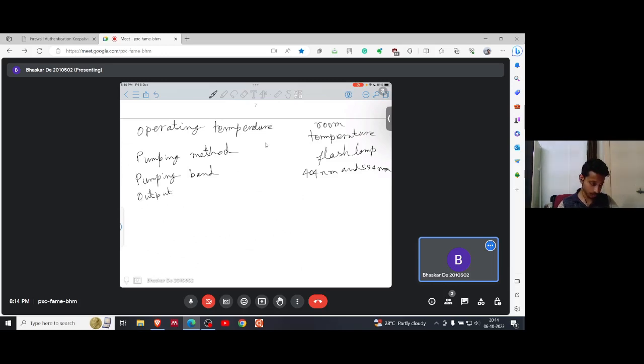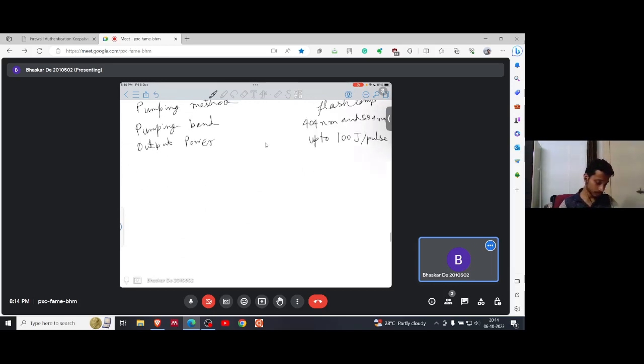Output power is up to 100 joule per pulse. Mode is single mode or multimode.